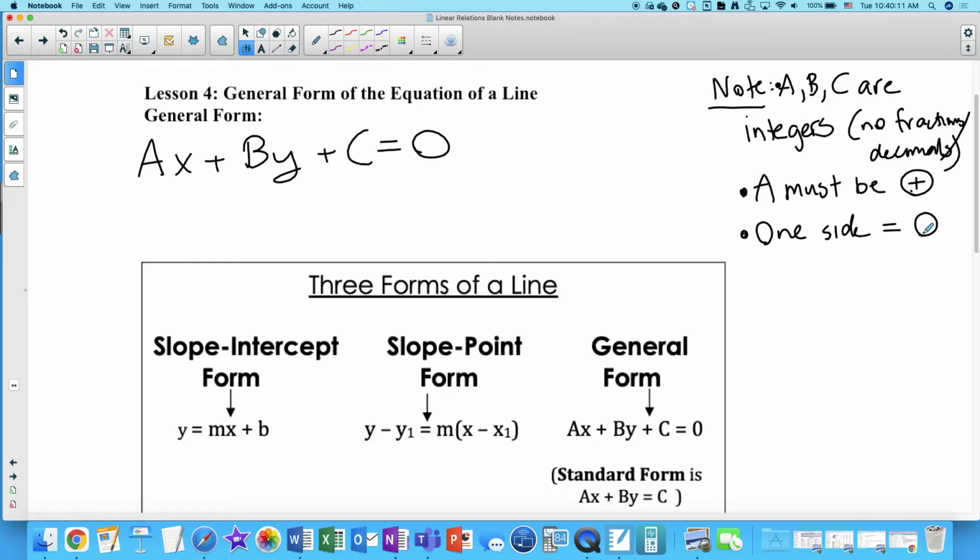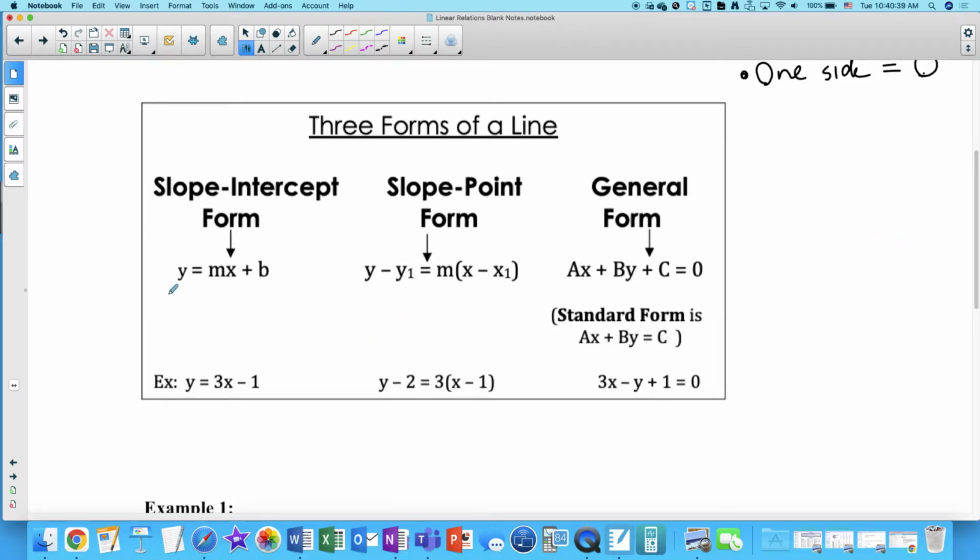When I talk about general form, a lot of people sort of ask or think like, why are we doing this? This seems totally out there and it's not related to the graph. And I can totally understand that perspective and appreciate why it seems like we are making more work for ourselves. The reason that we start looking at general form, and in fact, you can see down here, I've got the 3 forms of a line in a box.